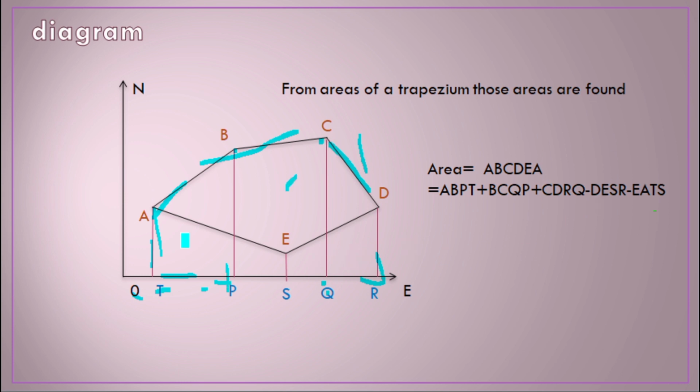After adding the 3 trapeziums, 1, 2, 3, you subtract the trapeziums found below.